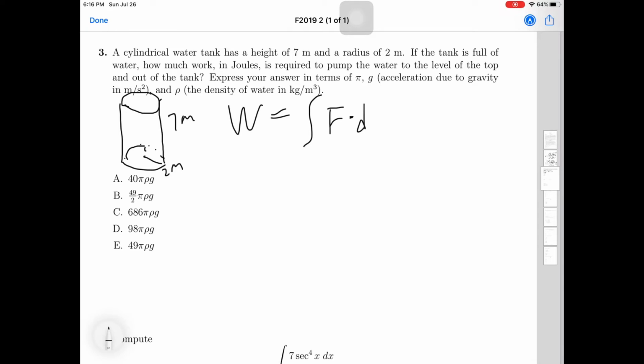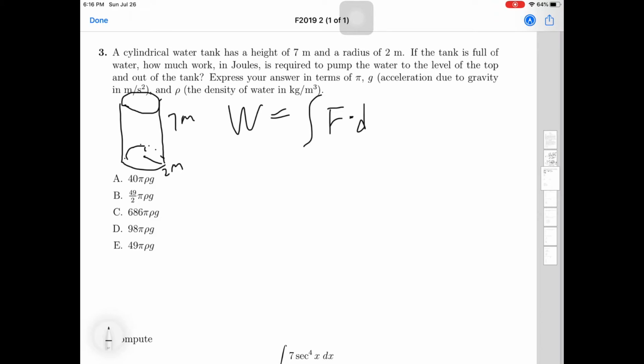But when we have a changing force or changing distance, then we need to integrate it. And so from here, we can separate it into parts.